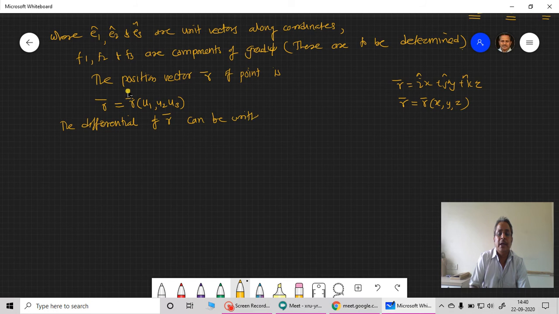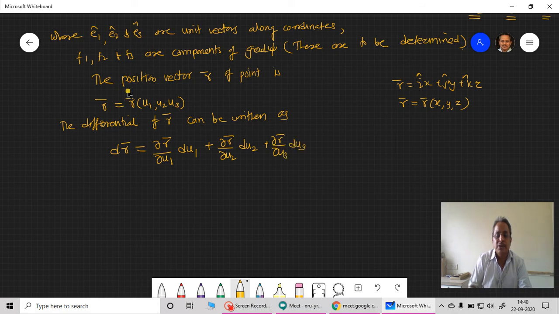As r is a function of three independent variables u1, u2, u3, one gets the vector differential dr bar equal to del r bar upon del u1, that is the partial differentiation of r bar with respect to u1, into du1, plus del r bar upon del u2 into du2, plus del r bar upon del u3 into du3.